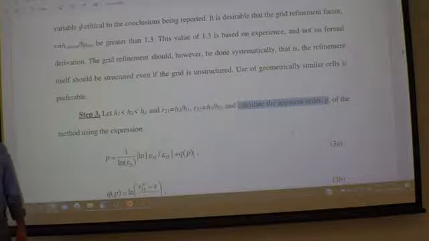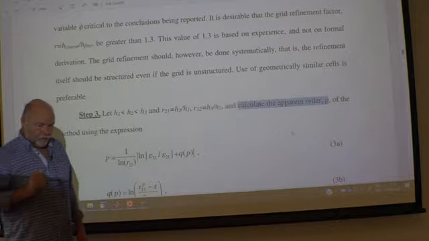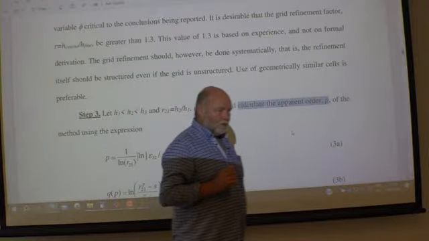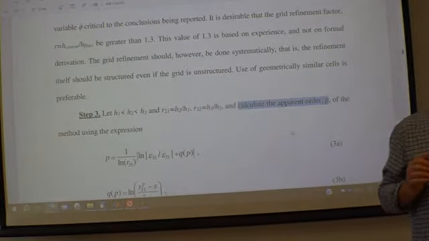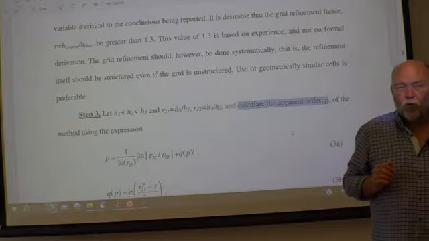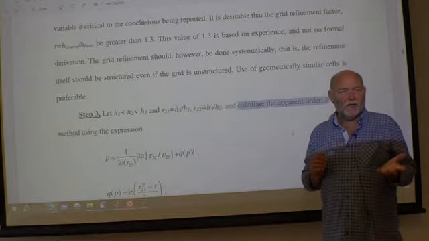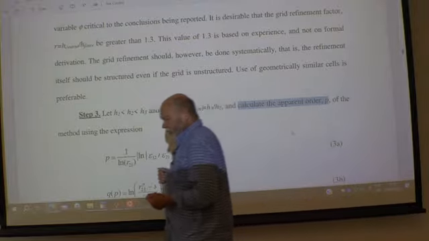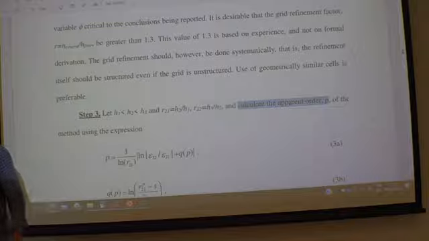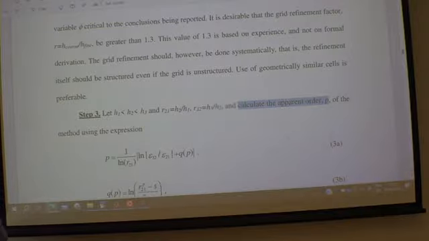That one is quite crucial for this procedure. If that one is not close to the actual order that you have in your numerical scheme, then there's something very, very fishy going on here. So that one has to be close to 2.